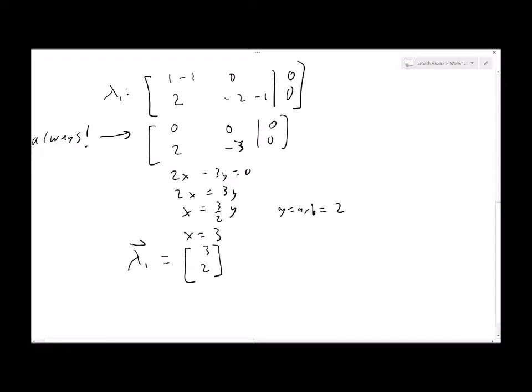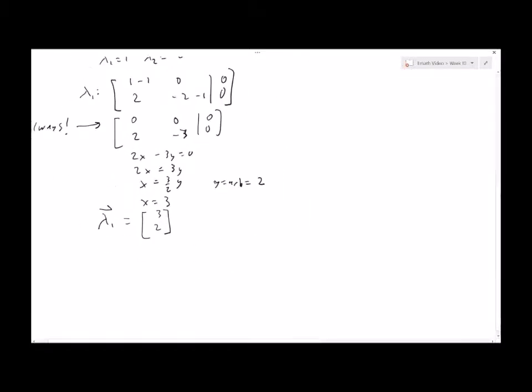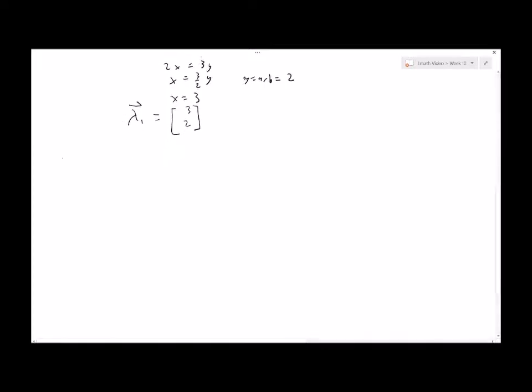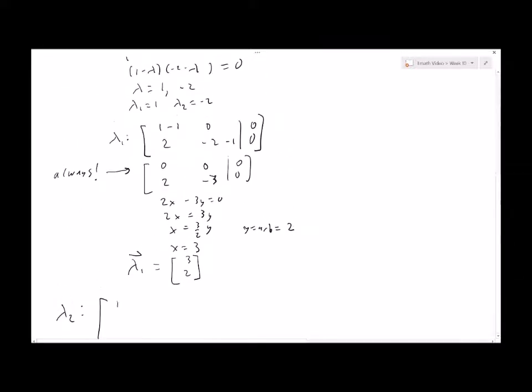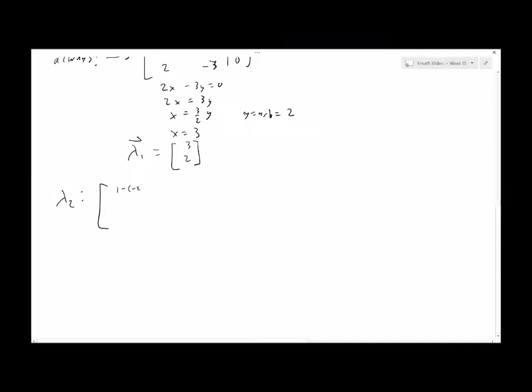Now we do the same exact thing for eigenvector 2. So we plug in our eigenvalue 2. It's going to be 1 minus a negative 2, 0, 2, and negative 2 minus a negative 2.